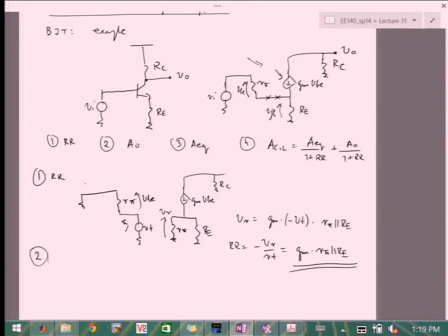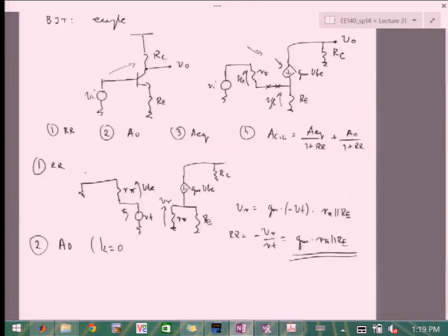If we look at this diagram over here, 2 basically says we're looking for A0, which is how the signal goes from input to output in the case where K equals 0, or K is sort of our dependent source in the circuit. So in this case, what is K? Does anybody know?